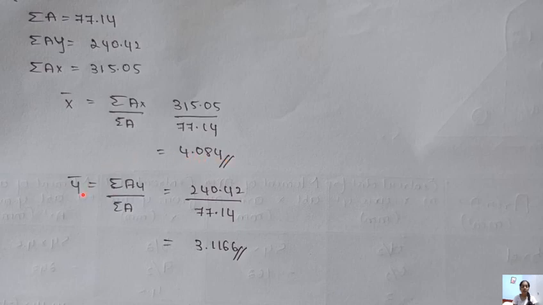To calculate y bar, the formula is summation of AY divided by summation of A. Summation of AY is 240.42 divided by 77.14. By dividing this, we will get 3.1166. So those are the final answers for x bar and y bar.